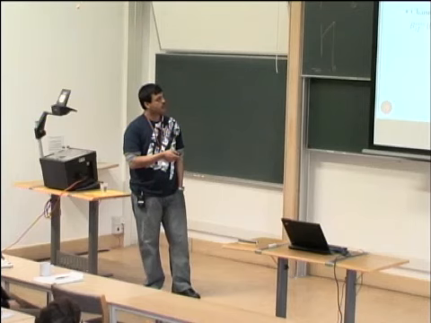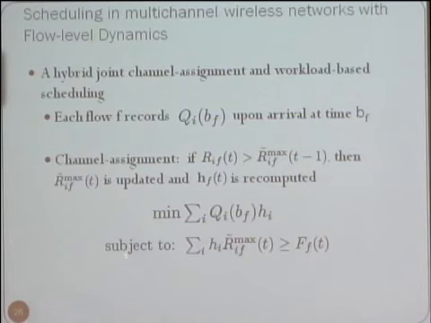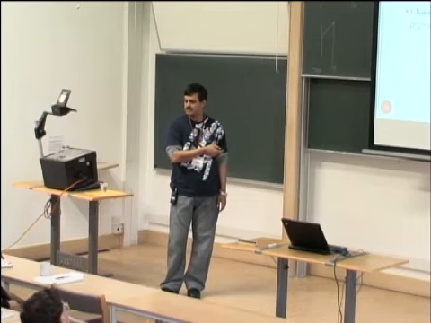So what you do is, if you see a new channel condition that is better than the best channel condition you have seen so far, then you recompute your channel allocation. So when a flow arrives, you record the workload on each channel, and then as the flow stays in the system, you update the maximum rate at which the flow can be transmitted in each channel, and you keep changing your allocations as your estimate of this changes.